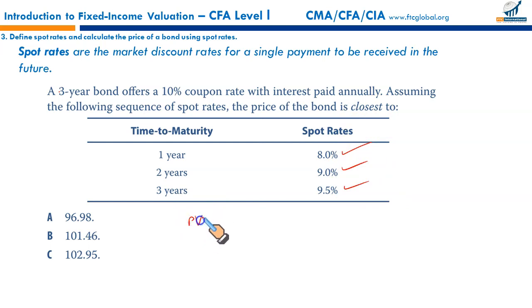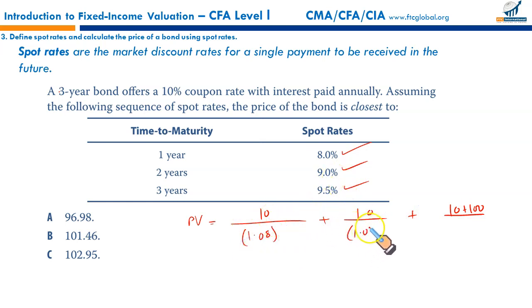So how would we find the present value? The coupon is 10 for year 1 and year 2, and the last year will involve interest and the principal. So we need to discount them at these rates: 1.08 for the first year, 1.09 squared for the second year, and 1.095 cubed for the third year.